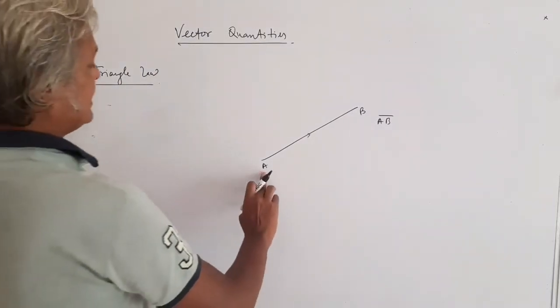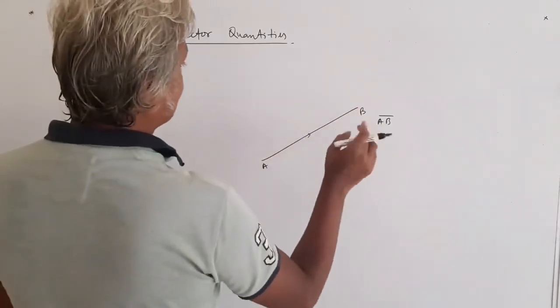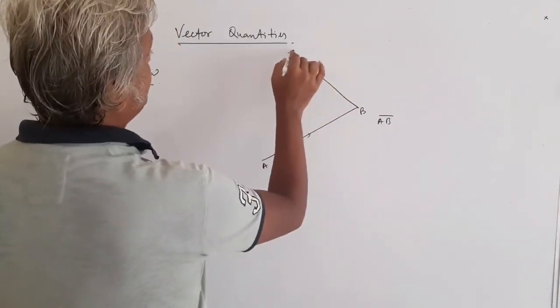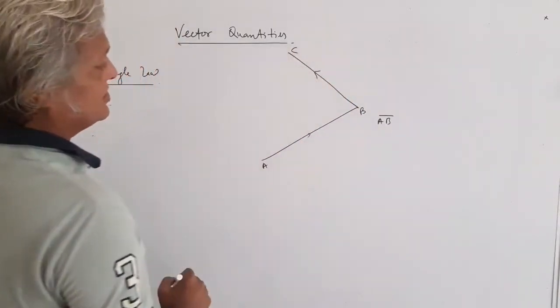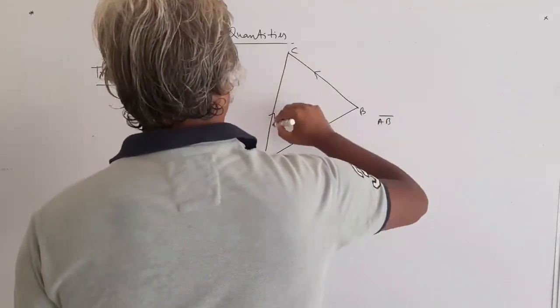So it is just like starting from A to B. If you have a vector AB bar like this, and then you have another vector BC bar which goes in this direction, then its resultant will be AC bar.